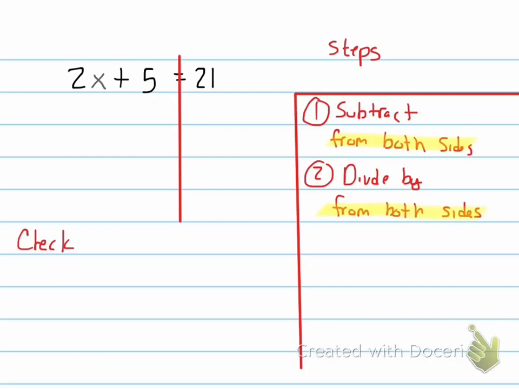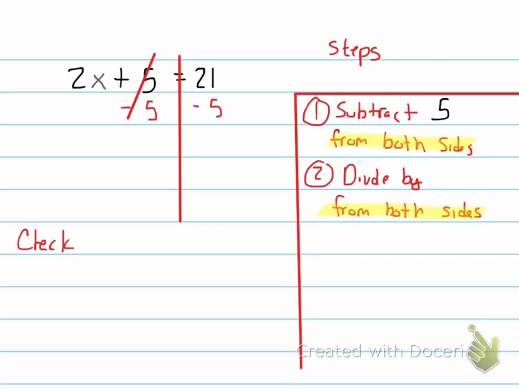I'm going to subtract 5. Now, what am I left with? The 5 minus 5 is gone. So I'll write that in. I subtract 5 from both sides. That's my first step.